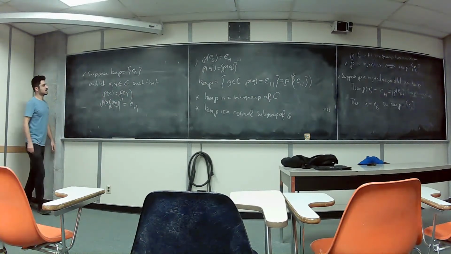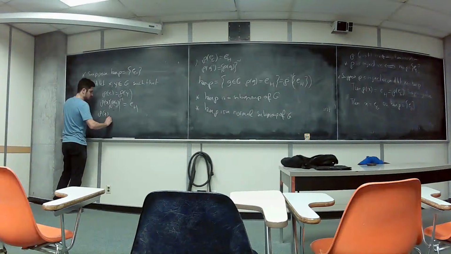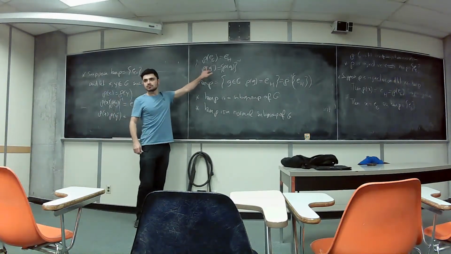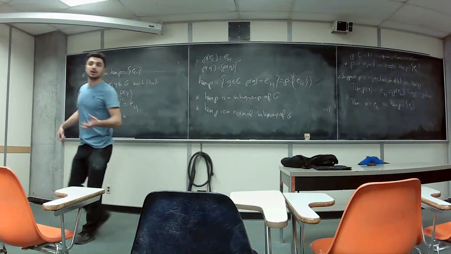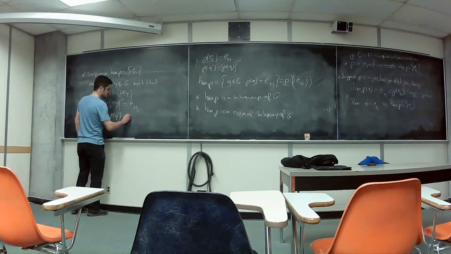Now what can we say? We can use the previous propositions and say that this is rho of X times rho of Y inverse. These you can use without proving: if the question doesn't say to prove them, you can use them without proof. So rho of X, rho of Y inverse is equal to EH.